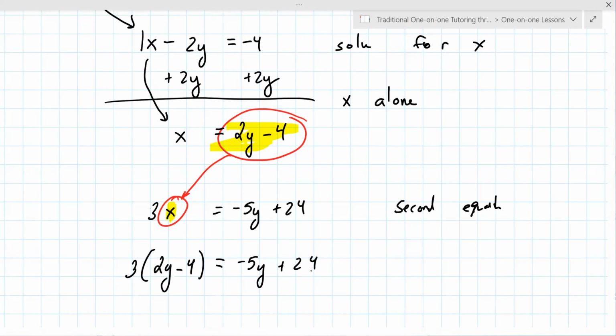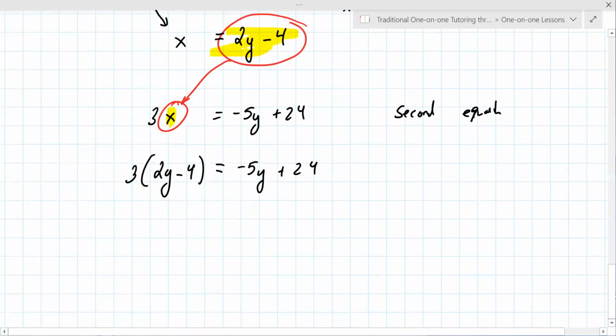So now this is a question that we saw in the previous examples, A1 and B2. This is now a linear equation. Let me just write the 2y down.